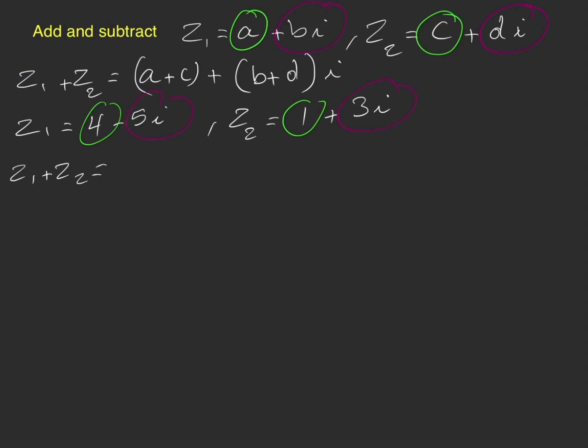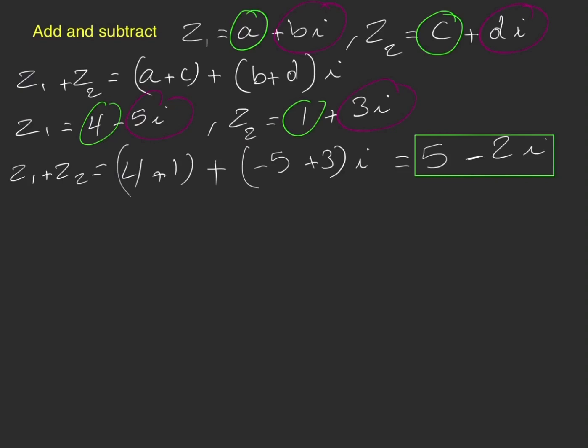So it is going to be 4 plus 1, plus minus 5 plus 3i. So this is going to give us 5 minus 2i. So this is the solution for this sum.